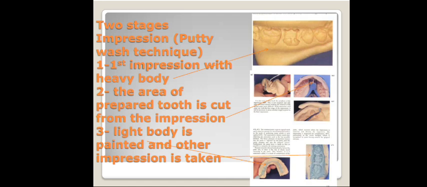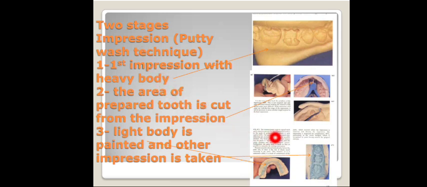The two stage, when you don't have an assistant and you don't have a colleague near you to help you in taking this type of impression. So you can take two-stage impressions.